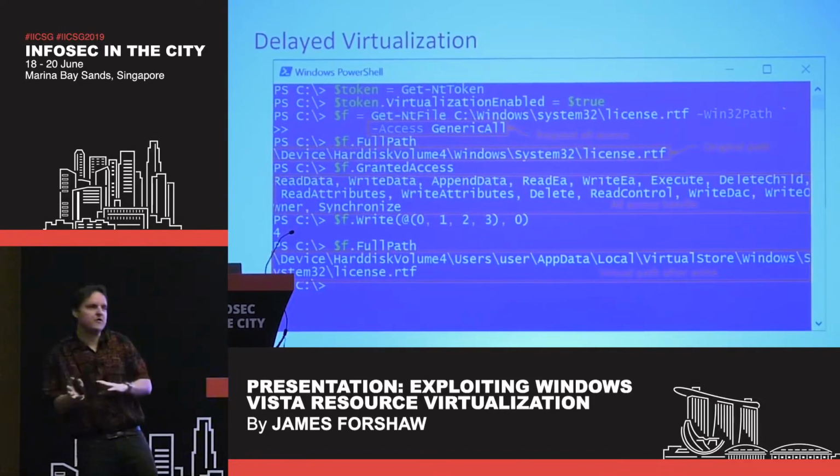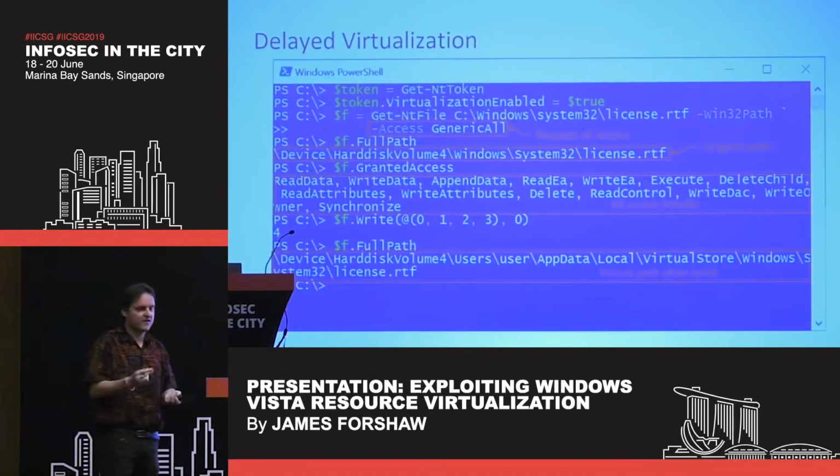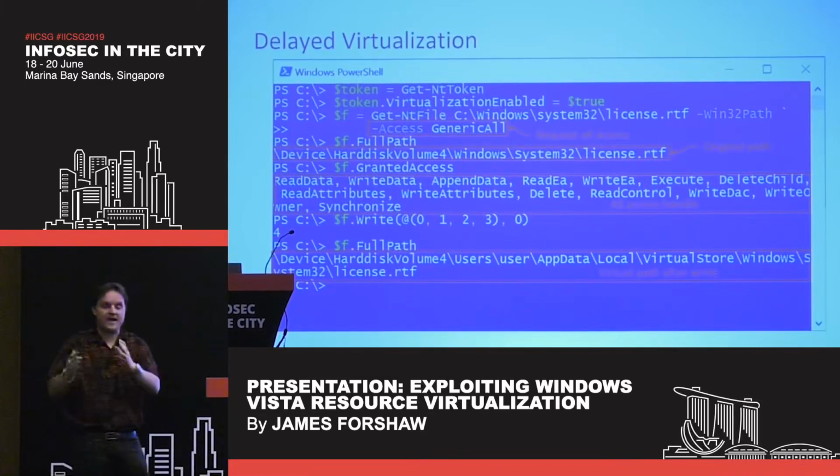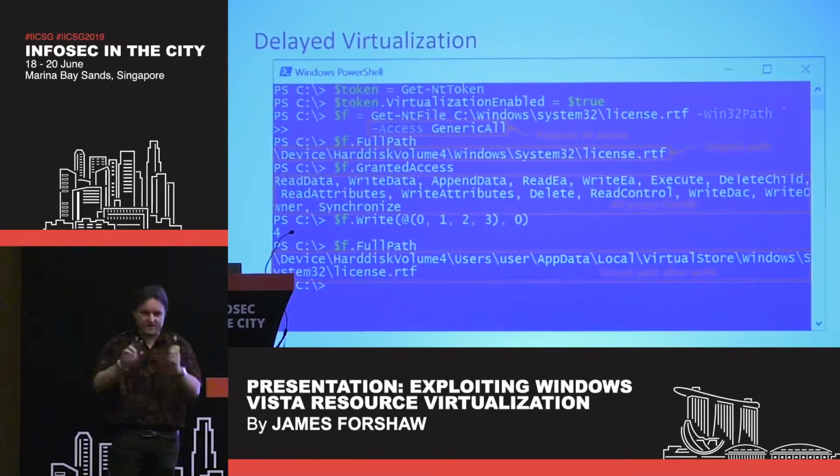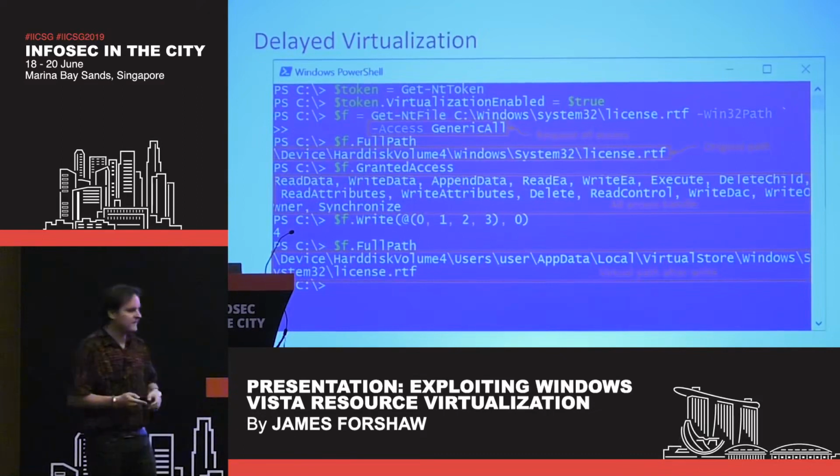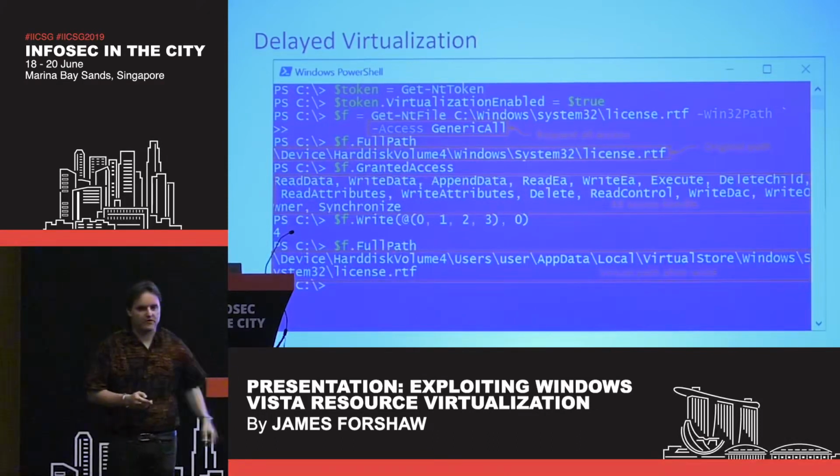Just before you get to actually write to that file, I'm going to switch that file around. I'm going to create the virtual store file, copy any existing contents from the real file into that new file, and then I'm going to basically switch it around. And so when you write to it, you now see that the full path which was originally for that file now becomes this virtual store file instead.